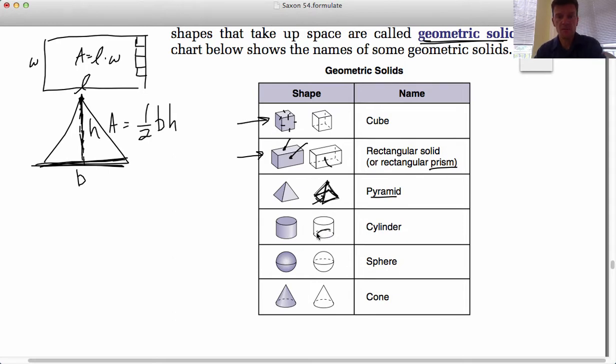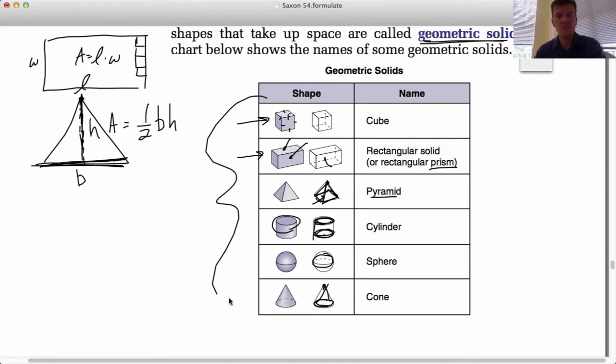A cylinder, the base of a cylinder is a circle, and there's also the same circle at the opposite end. And then you have this side that wraps around the entire lateral portion of the cylinder. A sphere is a ball, and then a cone, its base is circular, and then it comes up to a point.